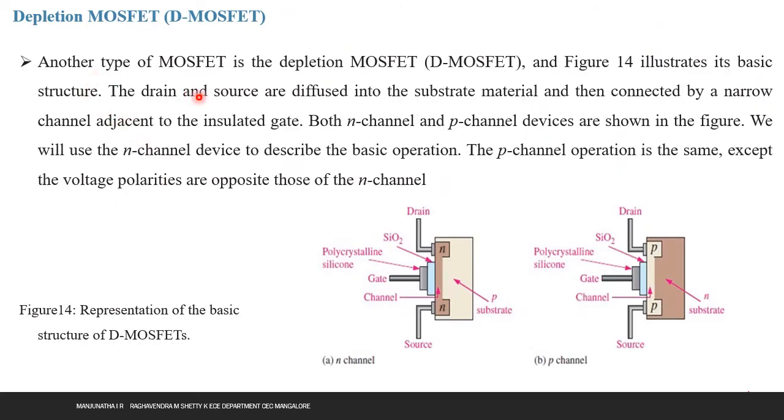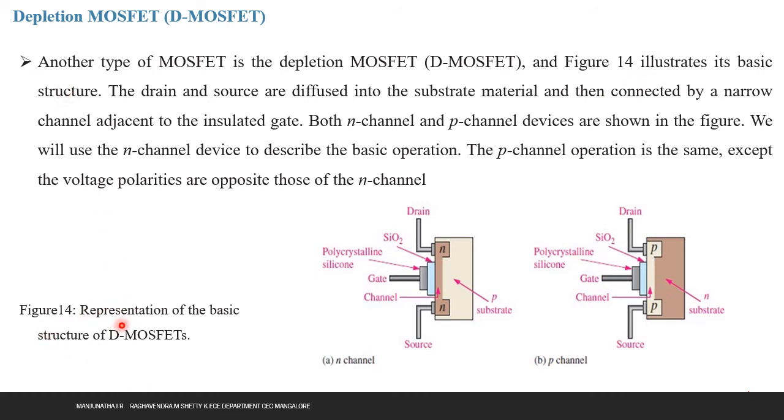Another type of MOSFET is the depletion MOSFET. As we know, MOSFET has two different types, E MOSFET and D MOSFET. We came across what the E MOSFET is and how it works. Now we'll move on to the D MOSFET. Figure 14 illustrates its basic structure.